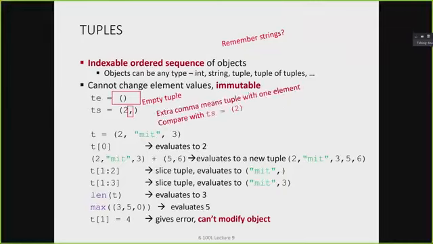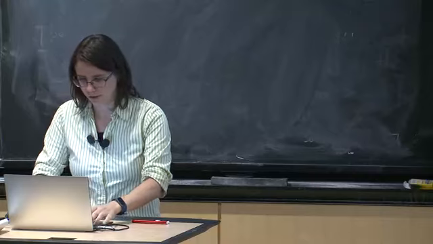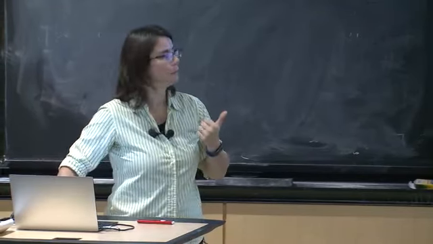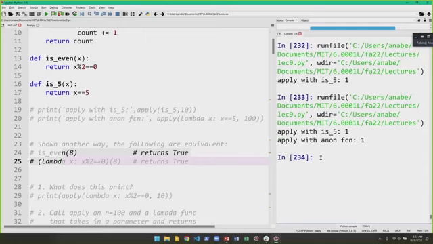You can create a tuple with one element in it by putting open close parentheses, that element that you want to add to your tuple, and then a comma right after it. Now, the comma is there to differentiate a tuple with one element from sort of using parentheses as precedence over an operation.